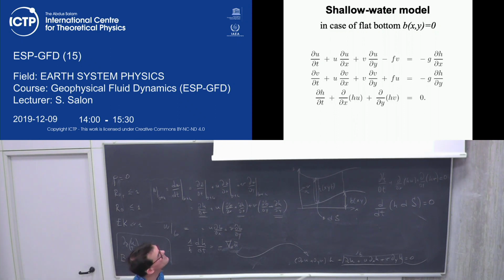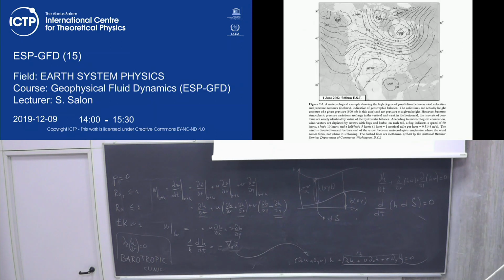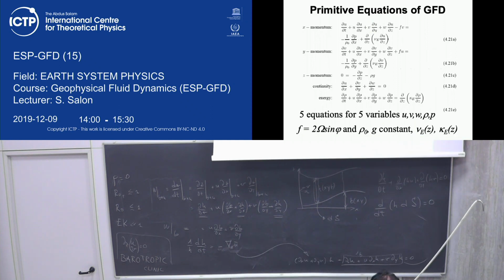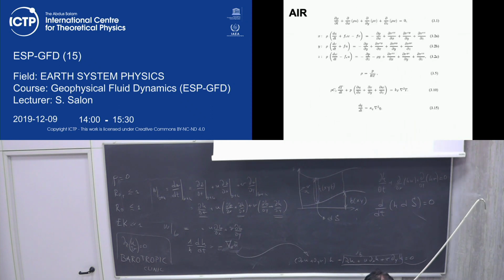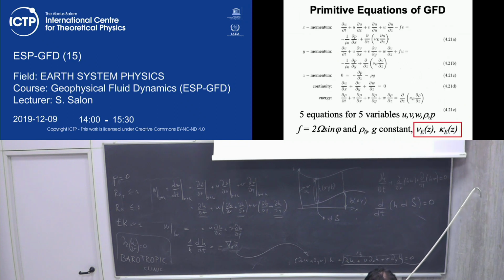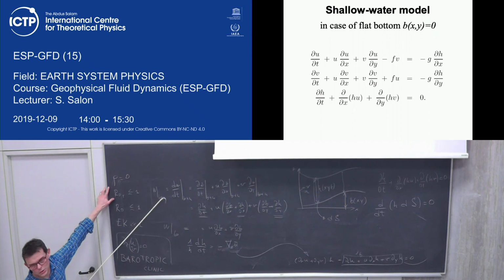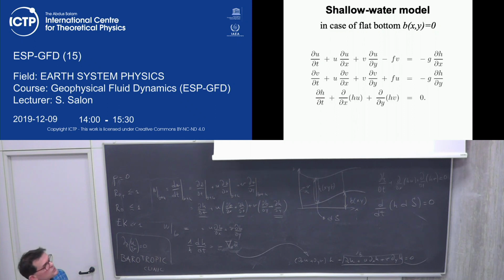I was ready. So we move from five equations into three. Of course, we are in homogeneous conditions, so the equation of energy naturally is removed.